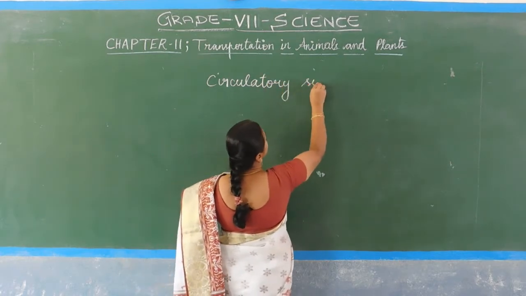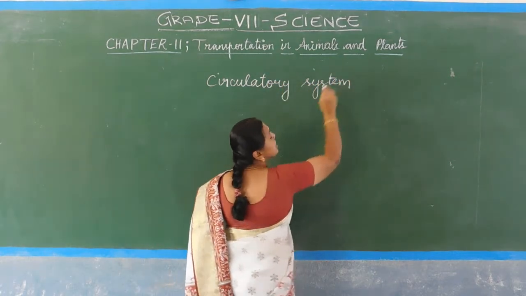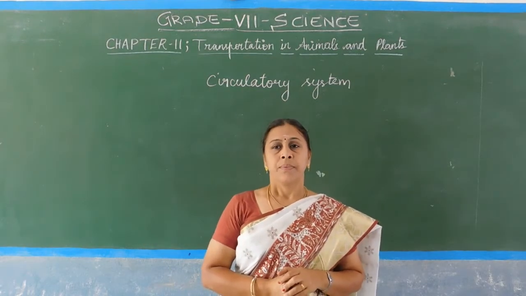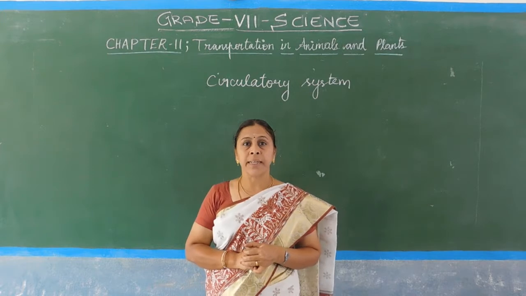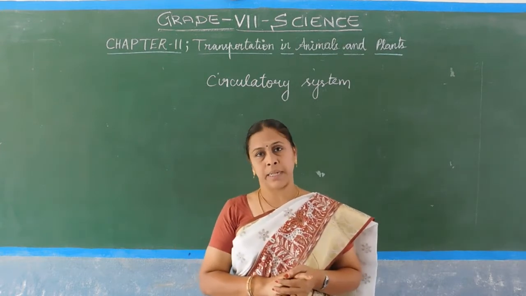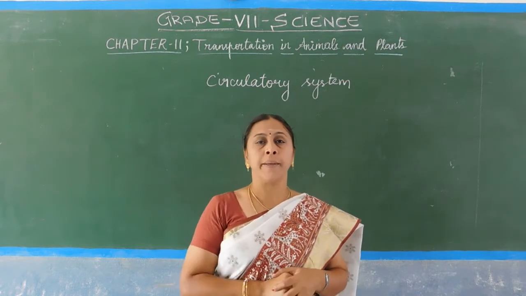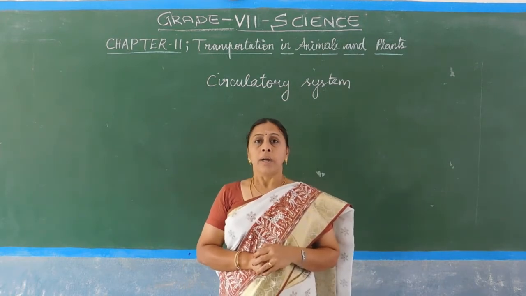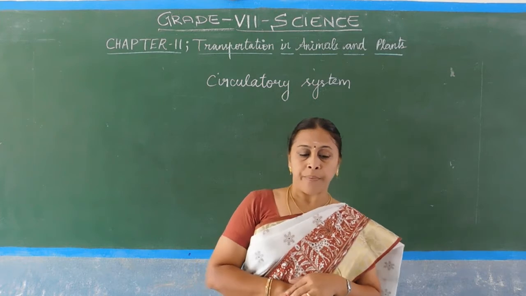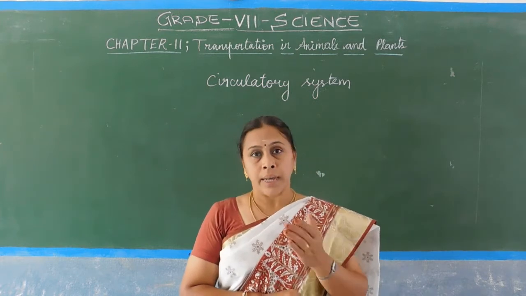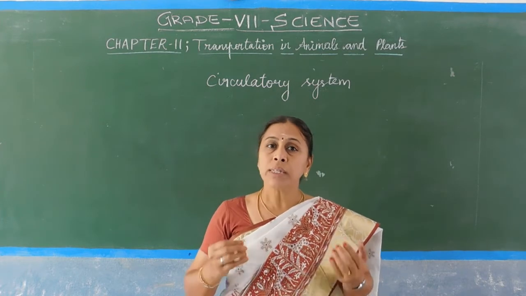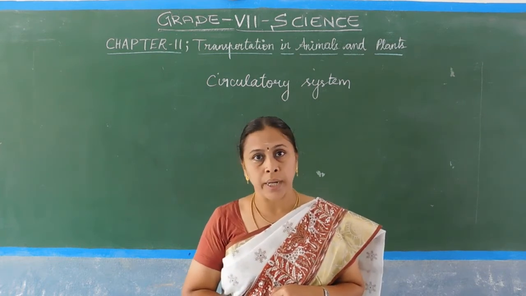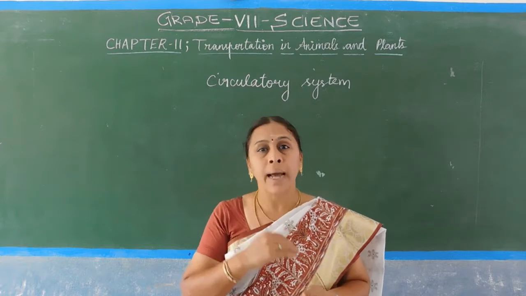So, today we are going to study about the circulatory system. That system only helps in the transportation of substances throughout the body. Now, the energy or the food, the nutrients we get from the food, the oxygen from the respiratory system, everything is transported through the blood.